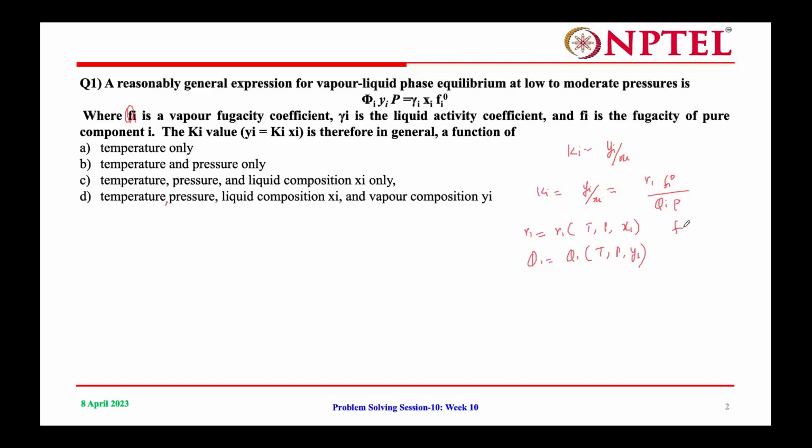And f_i, it is a function of temperature and pressure, right? So here it is mentioned that at low pressure, the fugacity coefficient is a function of temperature and pressure.